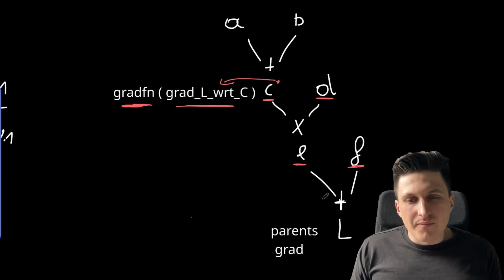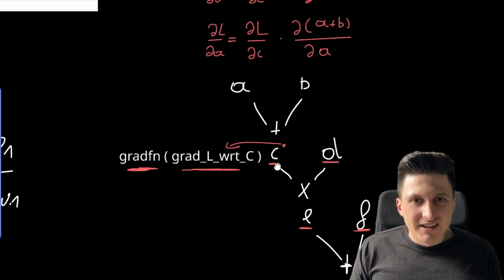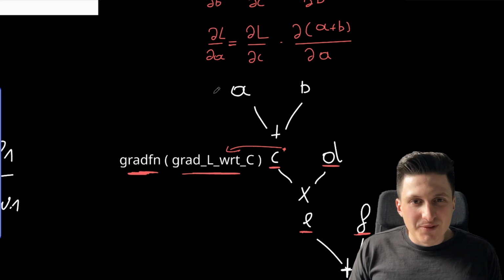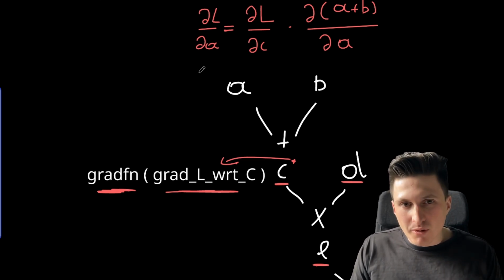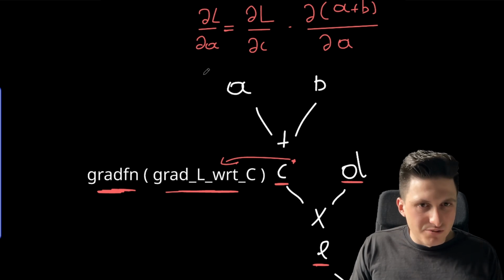And what you should then know is that to calculate all these derivatives, we basically only need a small part of the graph at each point in time to do this gradient calculation.